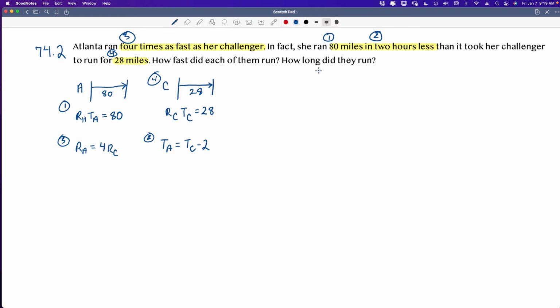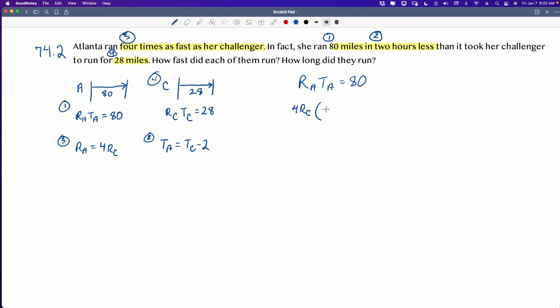Easy way. So we're going to start with Atlanta, because that's who we're talking about. RA TA equals 80. And also because we already have RA and TA solved for. And that's how you make that decision. What do you already have solved for? And then that's the one you're going to pull and use to begin. So RA is 4RC.